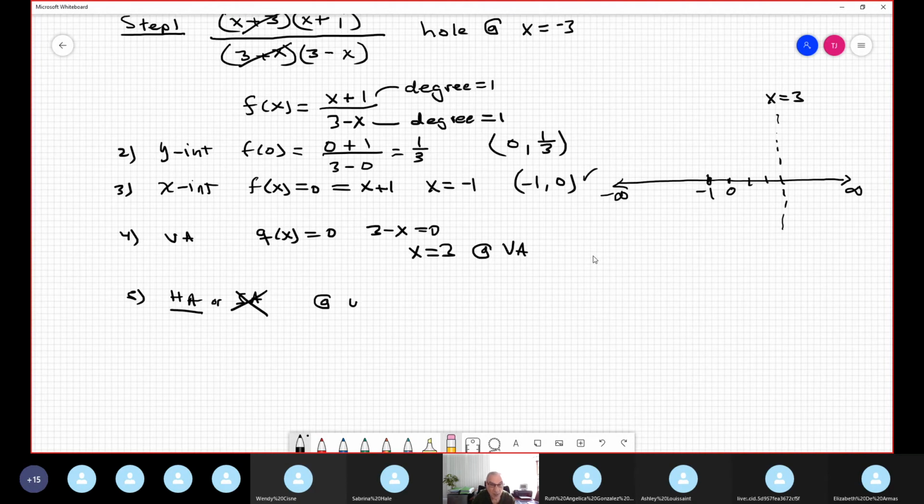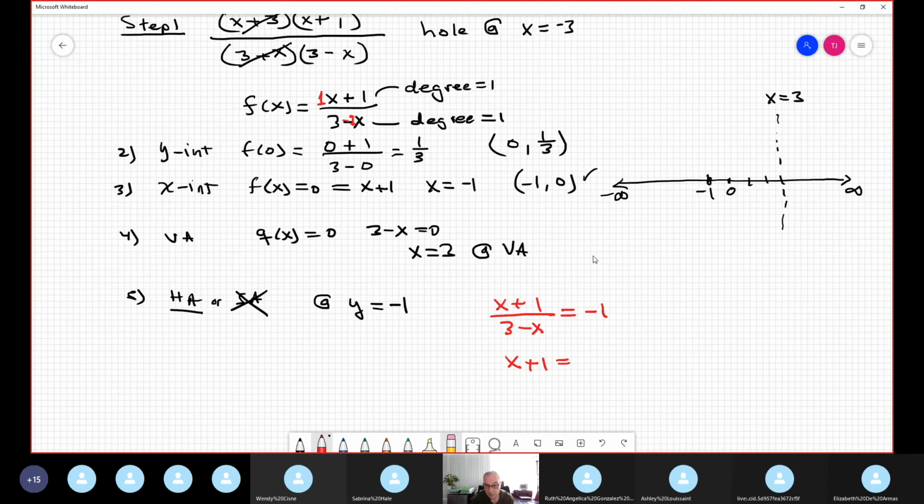At y equals -1, I guess, no? Where does this -1 come from? It's the division of this coefficient by this coefficient, which is -1. As I want to investigate whether the graph crosses the horizontal asymptote, I enforce (x plus 1) over (3 minus x) to be equal to -1. I try to solve this equation.